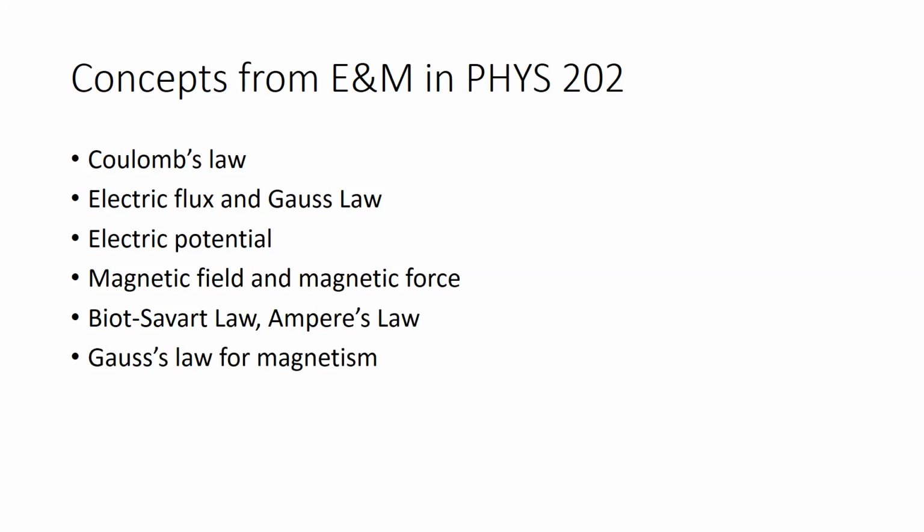Then there's Gauss's law for magnetism, which turns out to be especially simple, as I'll remind you in a minute. And finally, there were Faraday's law and Lenz's law. This should say Lenz's law, not Lorenz's law. Faraday's law connected a changing magnetic field or changing magnetic flux to an electric potential, or a voltage, and was the basis for motors and generators.